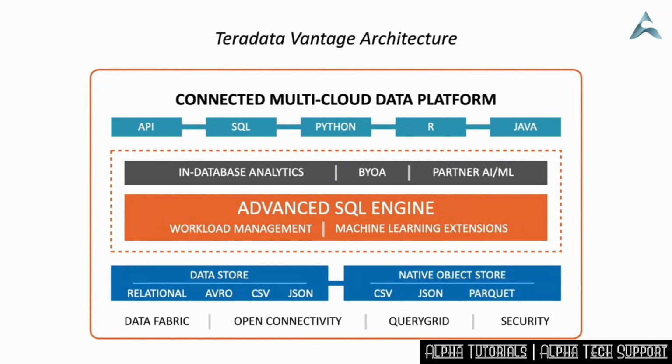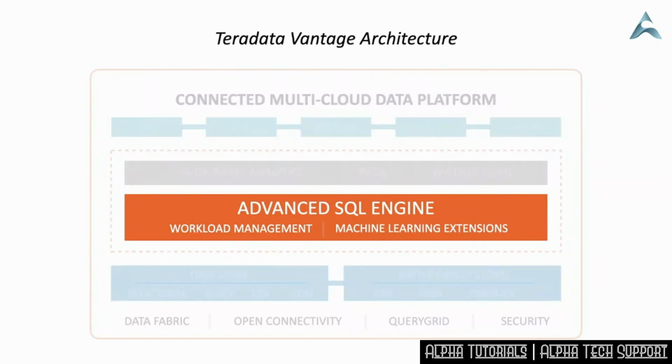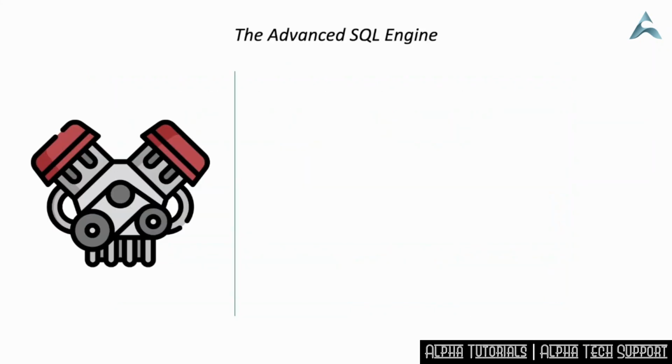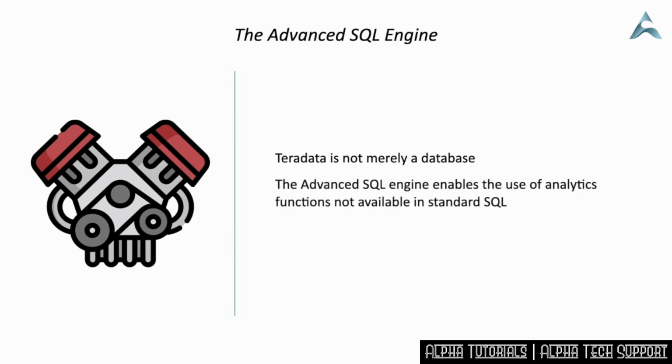Clearly, there are many different pieces in here, so let's focus on some of the important ones one at a time, starting with the advanced SQL engine, which we have already touched upon previously. So Teradata, of course, is not just a database. It is a single platform which combines features of a database as well as the analytics capabilities of a warehouse.